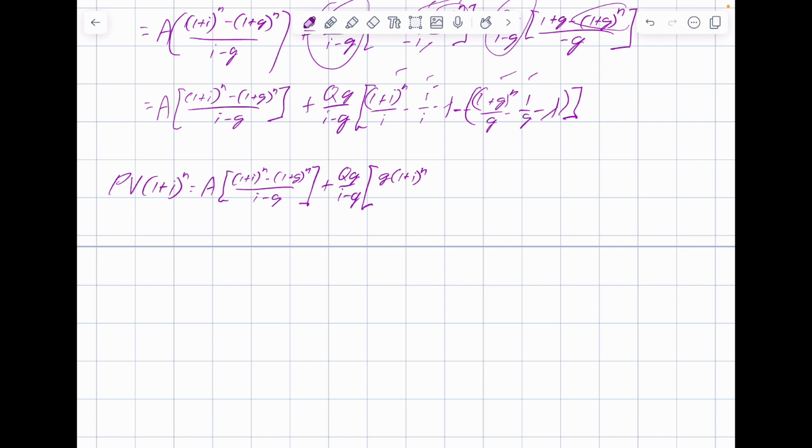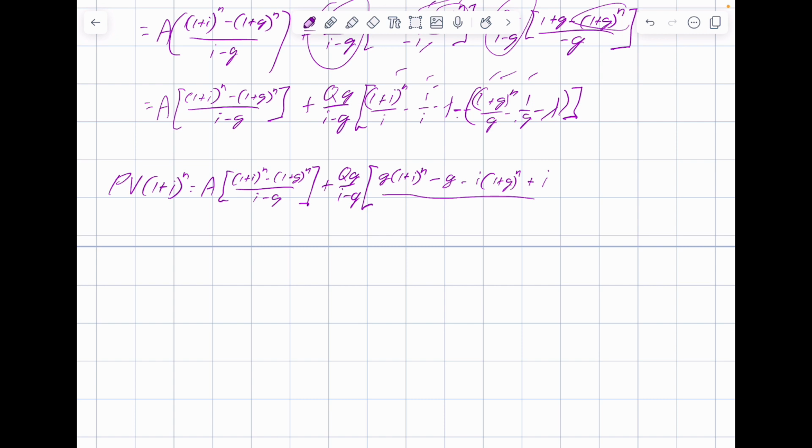This next term will multiply that by g. Next term, we'll multiply that by I. That'll become I 1 plus g to the n. And next one is this minus times a minus will become a plus. And we're multiplying this by g.